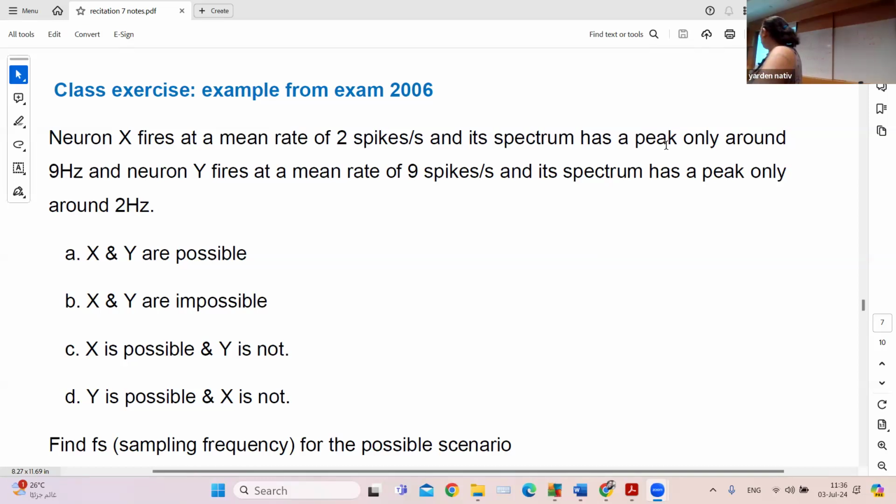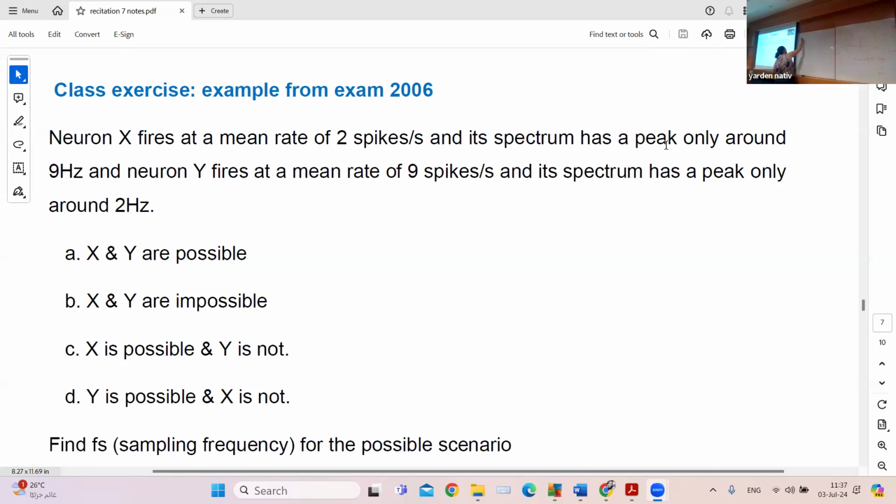Okay, so you are right that X is impossible. So let's think about it. So if we had a peak at 9 Hertz, this means that only for X, look, use this side.